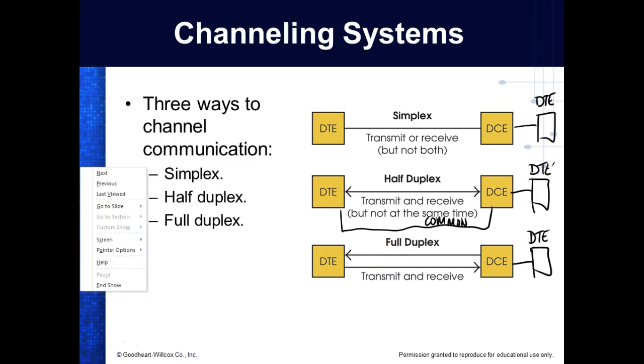We don't have any crossover cables. These are straight through cables. So I wouldn't be able to hook this into this PLC because I need what we call a crossover cable. And I've got quite a few over there.